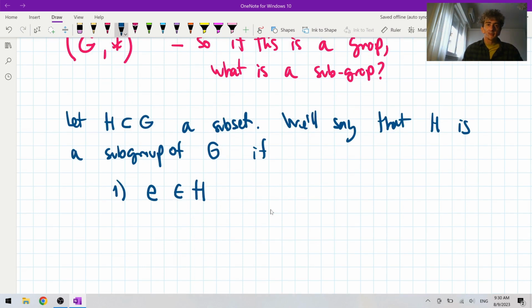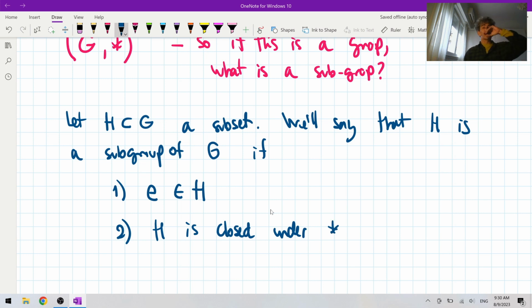Second of all, H is closed under the star operation. So if we have an operation defined on G, then H should be closed under that operation.